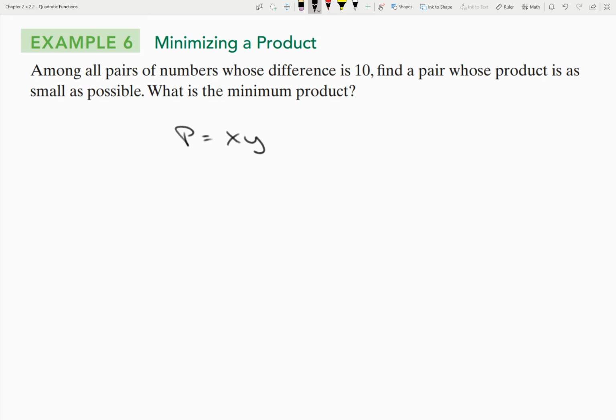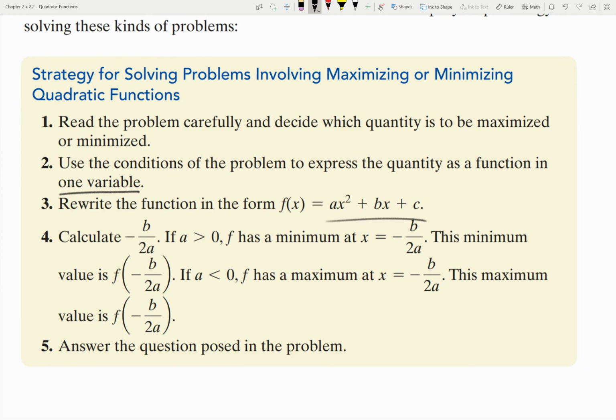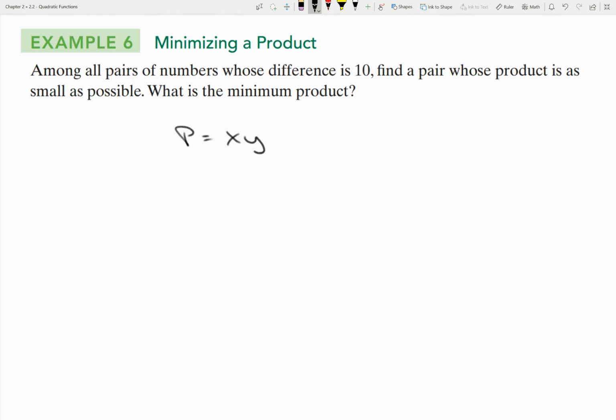My first step is to decide what is to be maximized or minimized, because that's the quadratic that I want to make. So right now, the thing that I want to minimize is the product, so I'm going to multiply these two things together. We have to express this product as one variable, and it is ultimately going to be a quadratic.